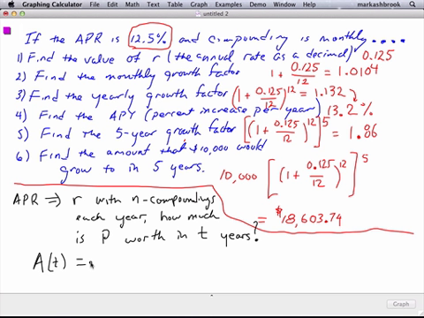Given R, n compoundings per year, and an initial value of P, A of T would calculate how much the account would be worth in T years. Can you write it out? See if you can write it out, using R. Here's your hint.